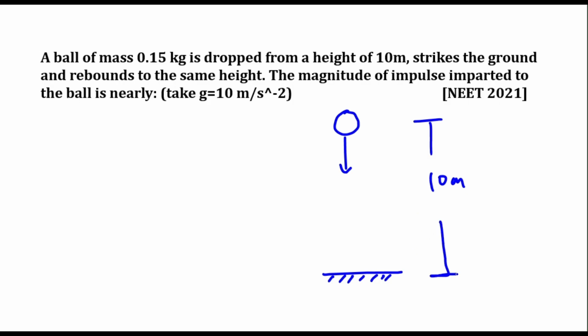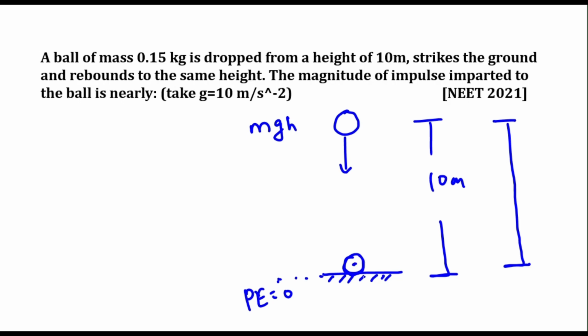From here to here, it will gain some velocity, and we can find out that velocity. Here it has potential energy mgh, the difference between these two levels. Let's say this is our reference where we are considering potential energy to be 0. This potential energy is going to appear as kinetic energy here.